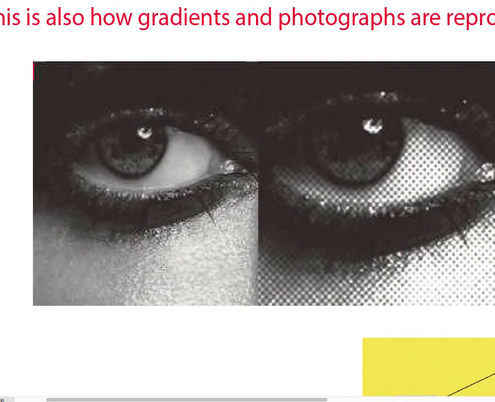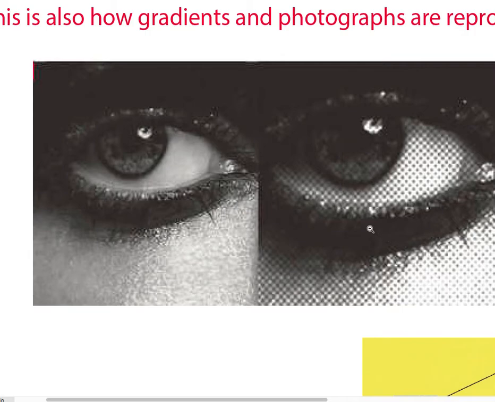But when it comes to trying to reproduce that on a printing press with ink and printing plates, you can't get that smooth tonal transition. Instead, they use what's called halftone dots. The halftone dots are like on the eye on the right here, these little tiny dots that are arranged in a grid. And that grid of dots is called a screen.